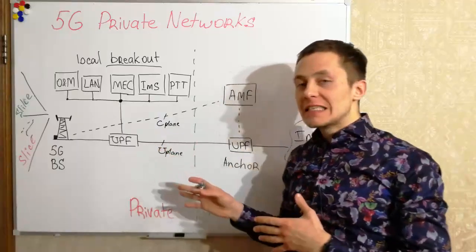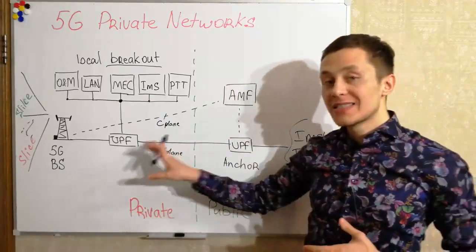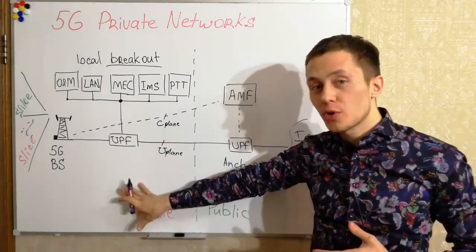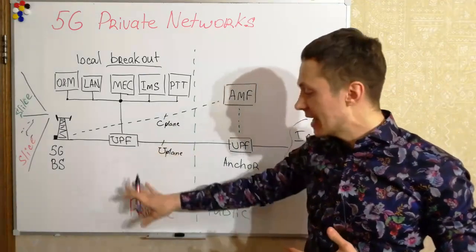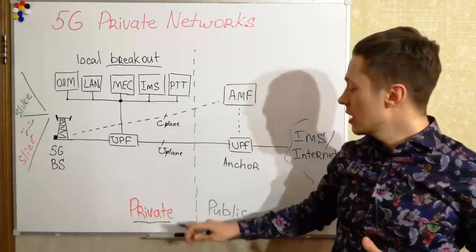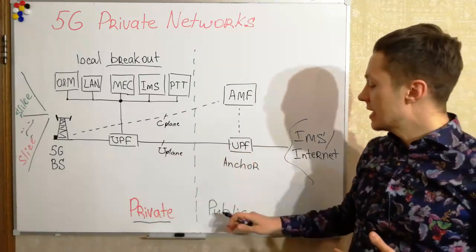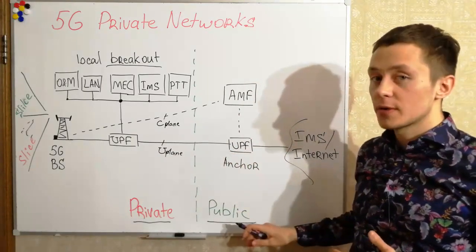Okay, let's look at this example. Here we can see that some part of the 5G network is divided and dedicated as a private network, and some part is dedicated as a public network.